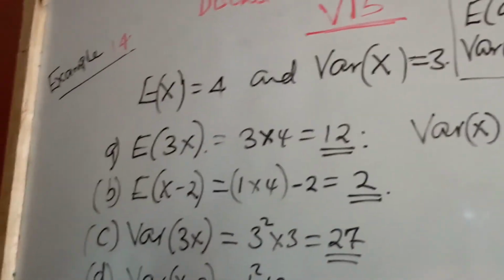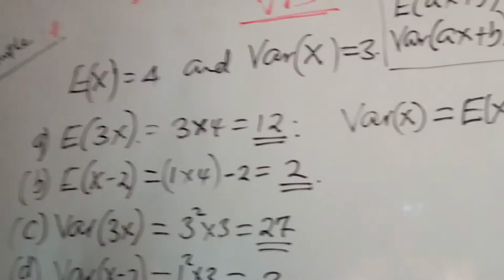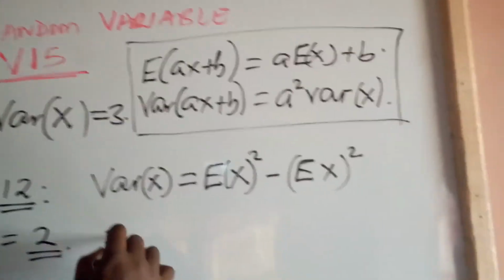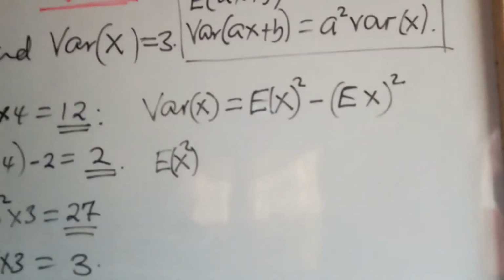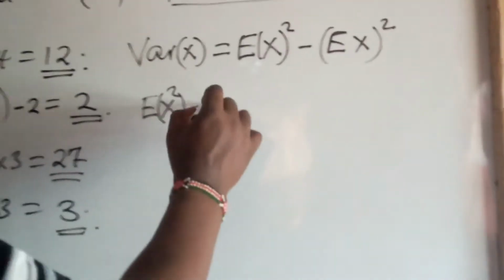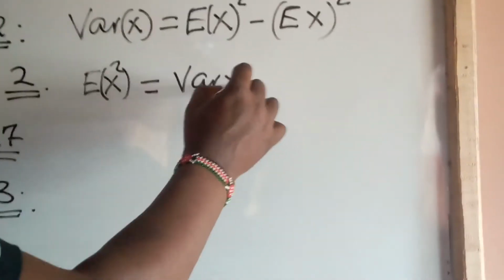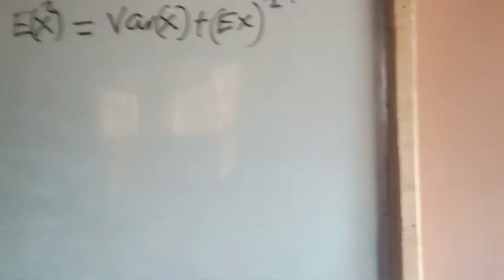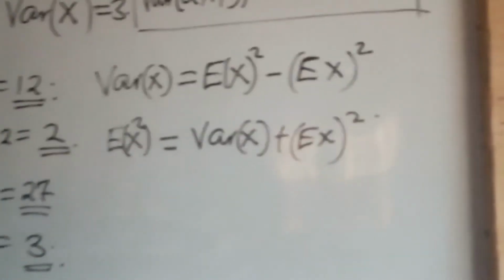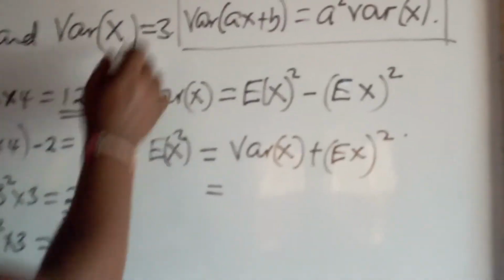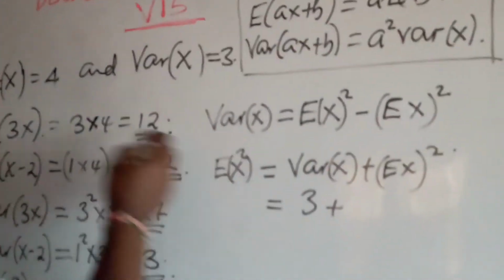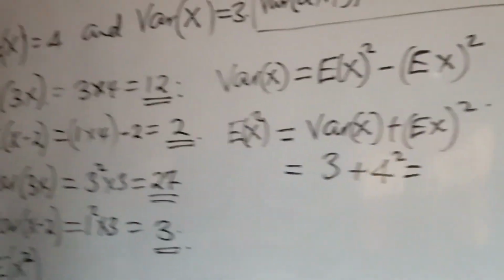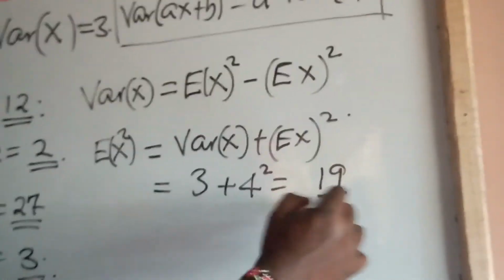So E(X squared) can be made the subject of the formula here, that E(X squared) is the variance of X plus the mean of X squared. How do we go about that? The variance of X is 3 plus E(X), which is 4, squared. This is 3 plus 16, which is obviously 19.